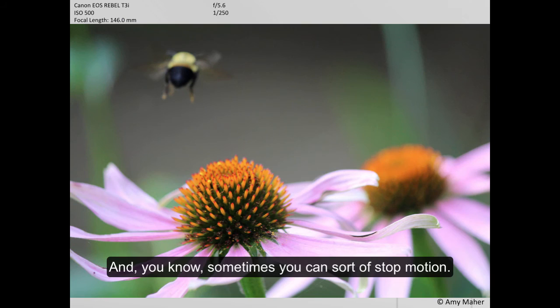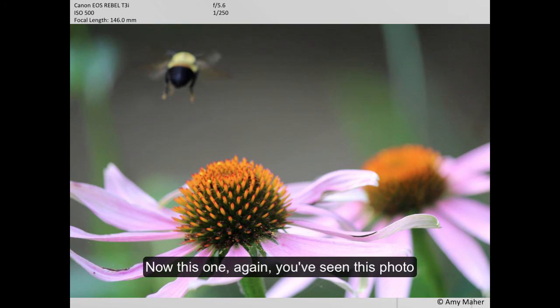And sometimes you can sort of stop motion. Now this one, again, you've seen this photo that I've taken. This was 250th of a second, and you can see that I didn't exactly stop motion here. Because the bee coming in, even though I was playing with depth of field and that wasn't my primary area of focus, you can see that its little wings are showing some motion.